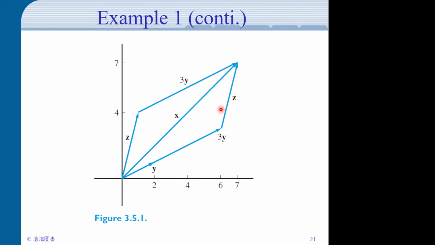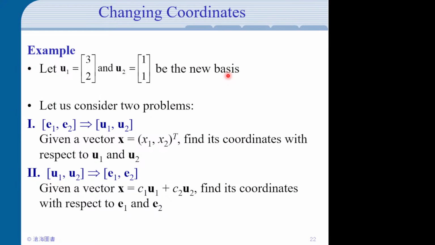In this example, the two coefficients are 3 and 1. Now the question is: you get a vector in R^n, and some basis for your R^n, and you want to find the coefficients, the coordinates, in that basis.